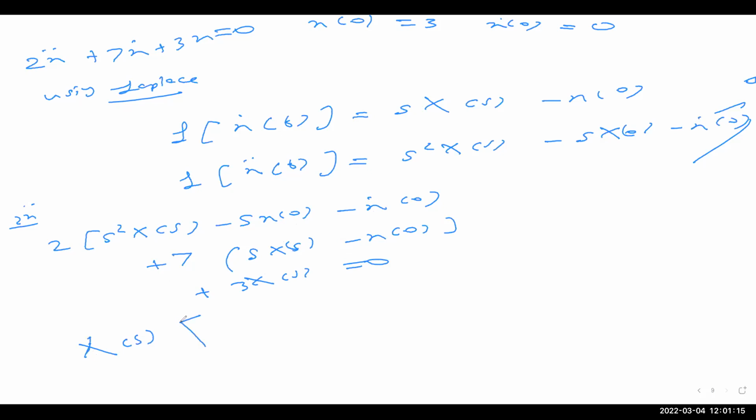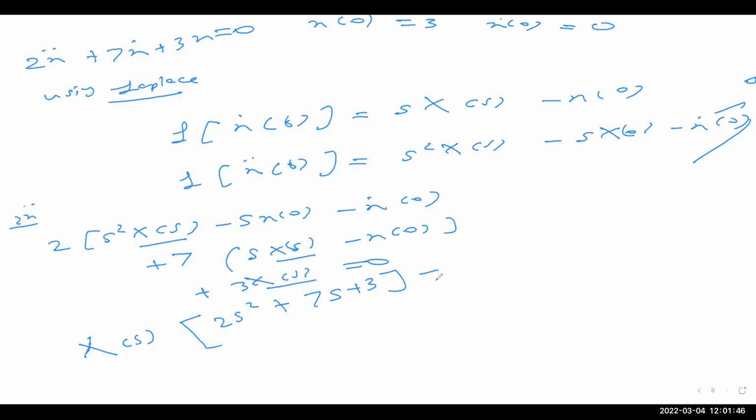So we get the x of s out of the first part, which will be 2s squared plus 7s, because this is the x, sorry, 7s. In the last part it will be completely 3, right?